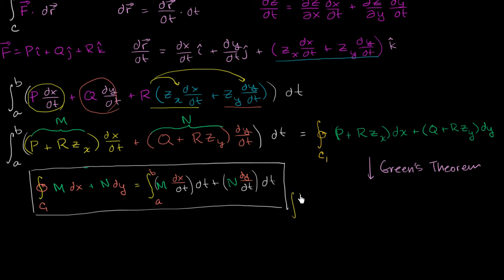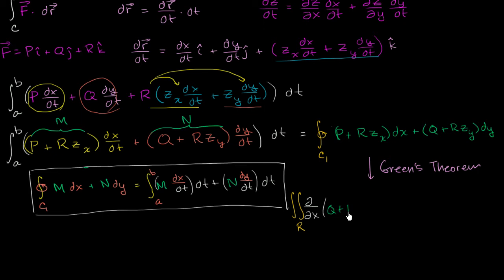double integral over the region that C1 bounds, that region R that's in our xy plane, of the partial of this with respect to x. So the partial with respect to x, let me write that, partial with respect to x of this business. So I'll do that in that same green color.